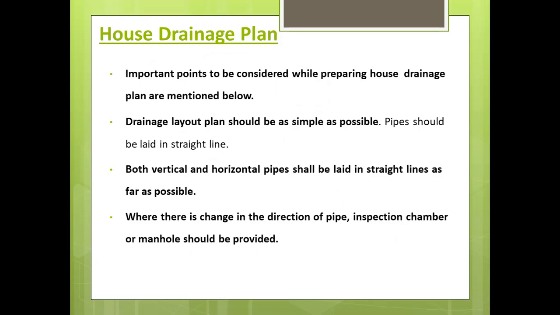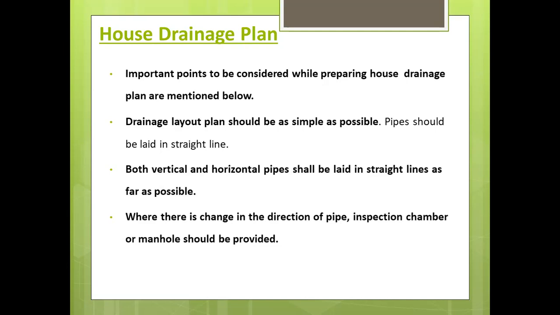House drainage plan. Before starting the plumbing work, it is essential first to prepare the drainage plan. The site plan is drawn to a suitable scale, showing the position of bath, WC, urinals, wash basins, and other units, along with the position of gully traps and floor traps.